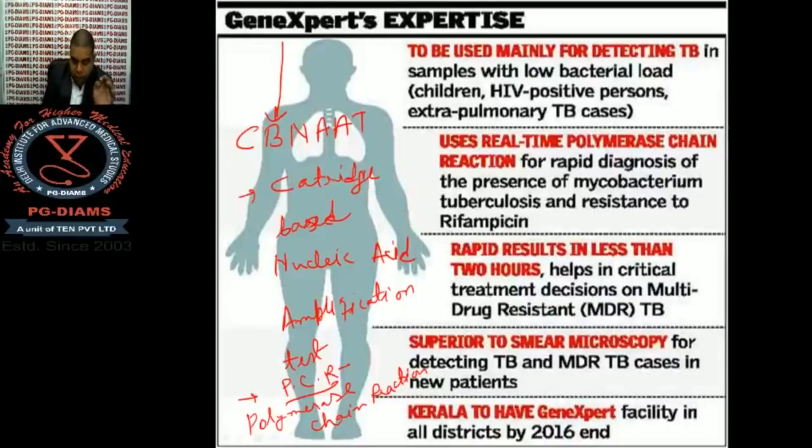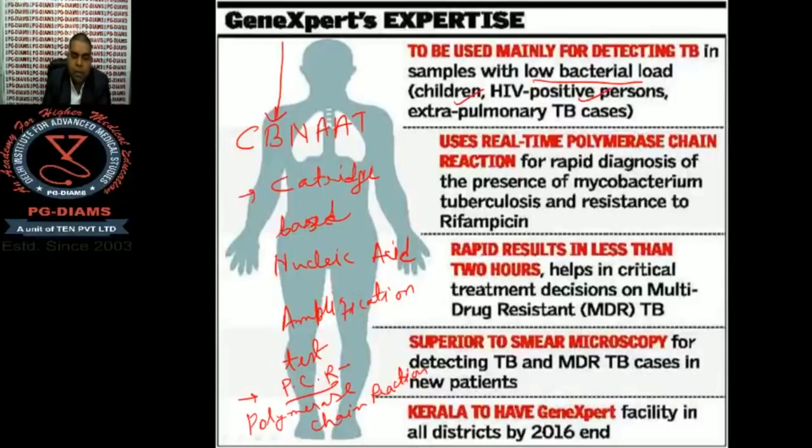With the help of that specific DNA sequence we will be able to tell about resistance in TB or presence or absence of TB with very good precision. Even if the sample has a low bacterial load, like in children or in an HIV positive person, CBNAT will be positive.